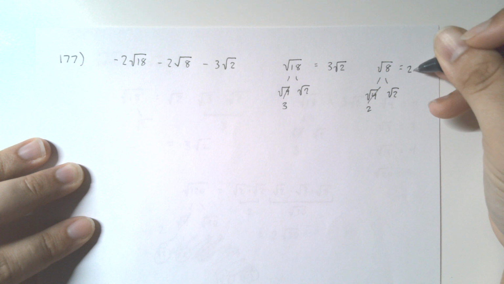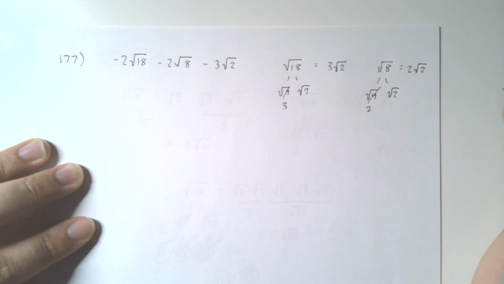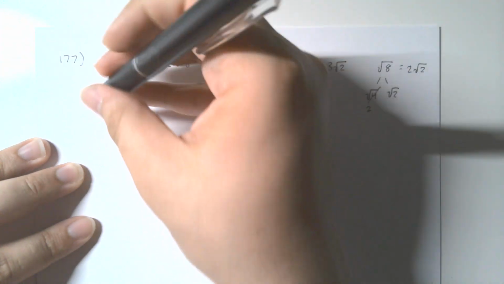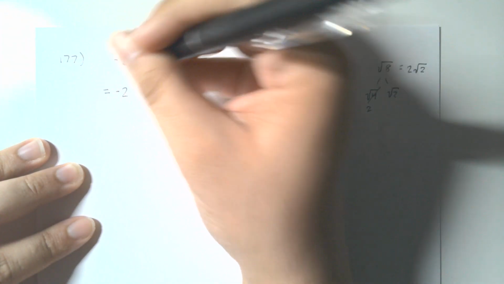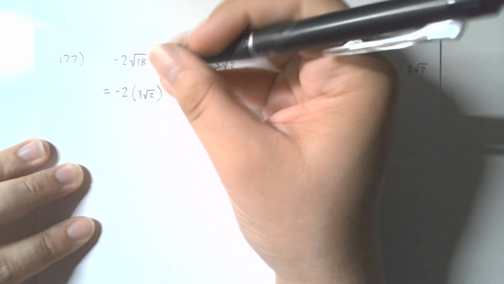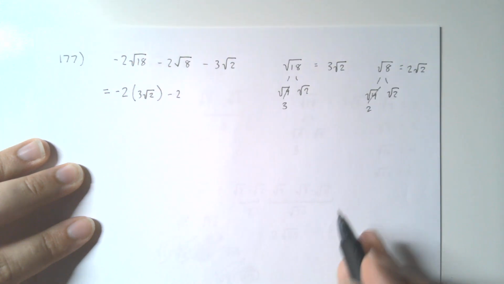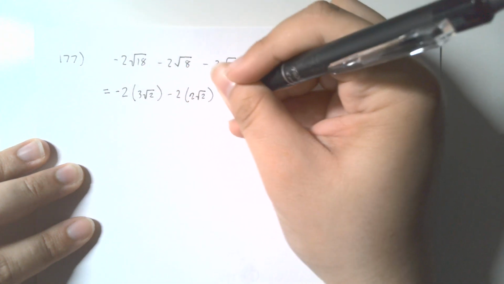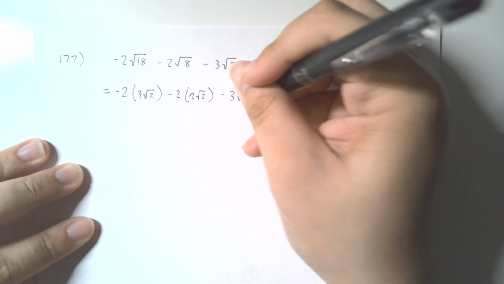So this is 2 square root of 2. And now we can replace square root of 18 and square root of 8 over here. And we have negative 2 times 3 square root of 2 minus 2 times 2 square root of 2. And then minus 3 square root of 2.